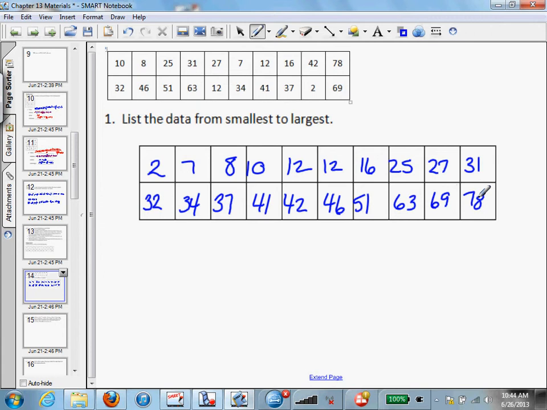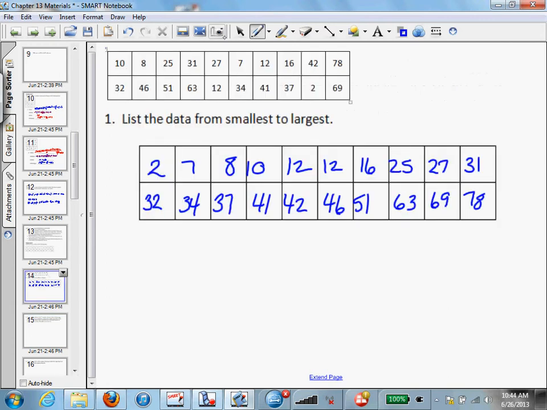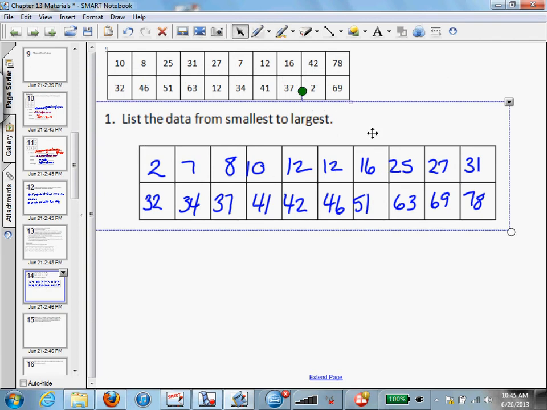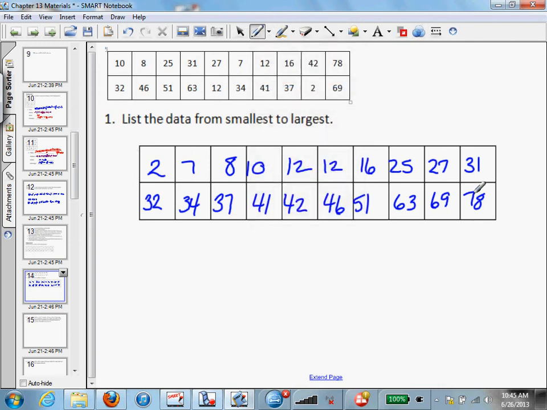So the next piece is going to say determine the median. If there's an odd number of data, the median will be the middle value. If there's an even number, it will be halfway between the two middle pieces of data. And that's going to be denoted as Q2. So if we use our rules for the median, this is 10, so this is 10 pieces of data, so that's an even number.